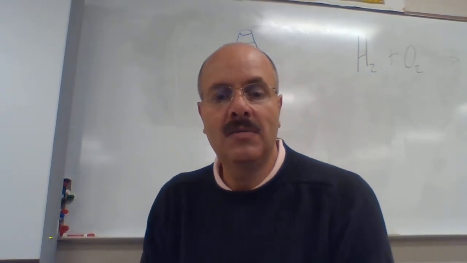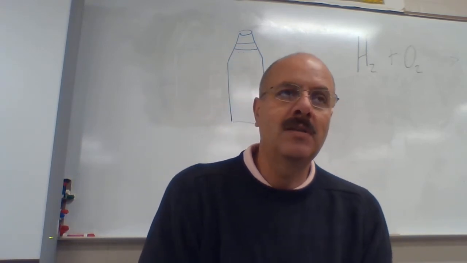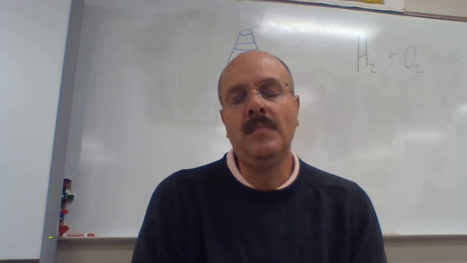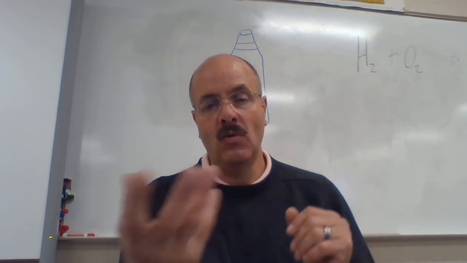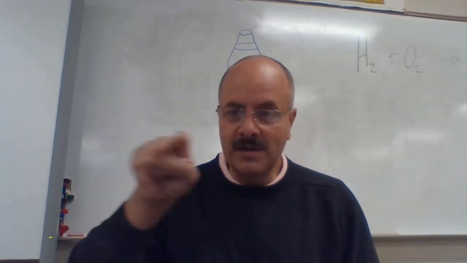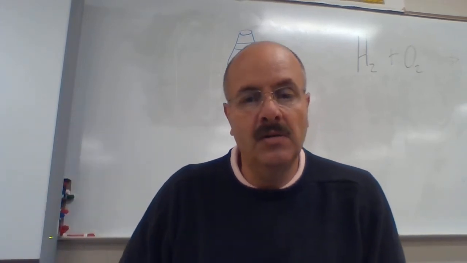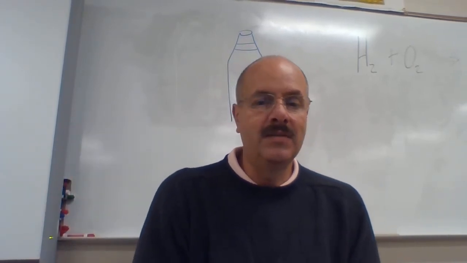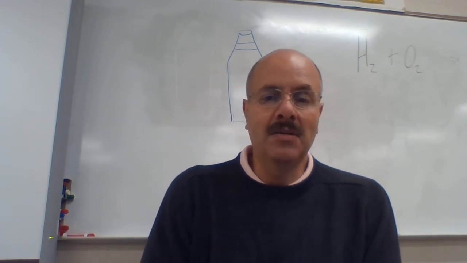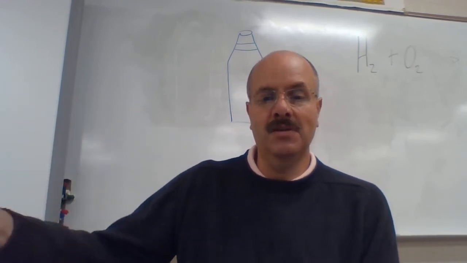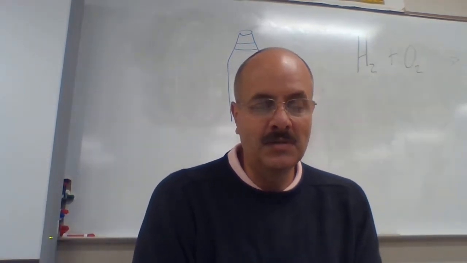A common one you may have experienced in biology is chlorophyll. In the reaction for photosynthesis in plants, we take carbon dioxide plus water, and in the presence of chlorophyll, you put the word chlorophyll on top of the arrow. Plants have to be green in order to carry out photosynthesis. If it's not green, it's not going to do it, and it's going to die. Chlorophyll is the catalyst that helps it make sugar on the other side and give off oxygen. That's the process of photosynthesis.